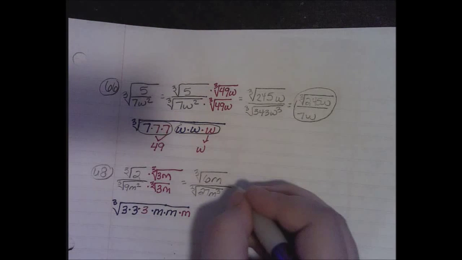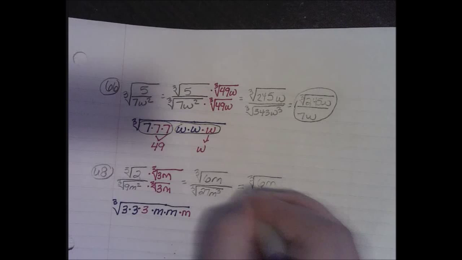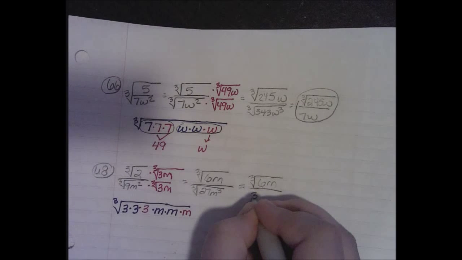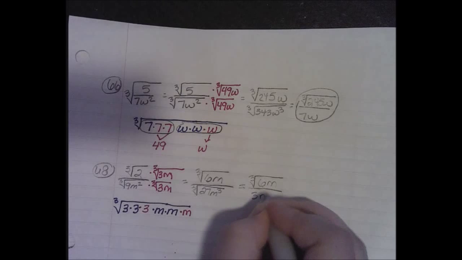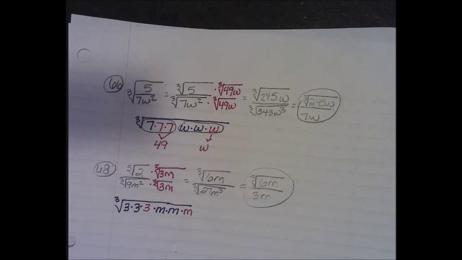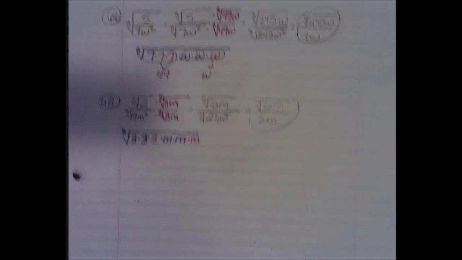The cubed root of 6m does not simplify, so we leave it the same. And then the cubed root of 27 is 3. The cubed root of m to the third is m. We are now finished. Now we're going to move on to the final problem in this section, which is number 70.